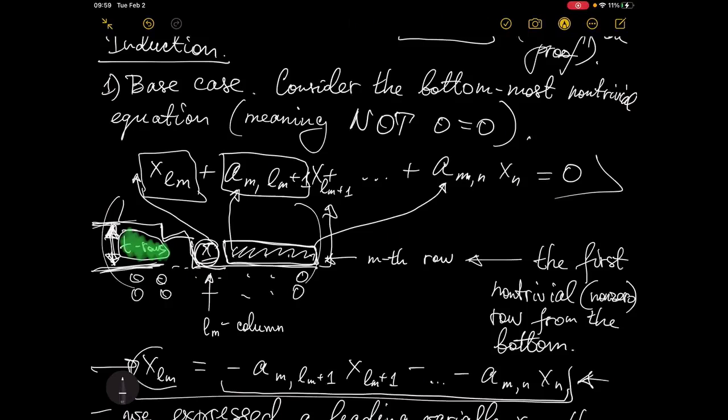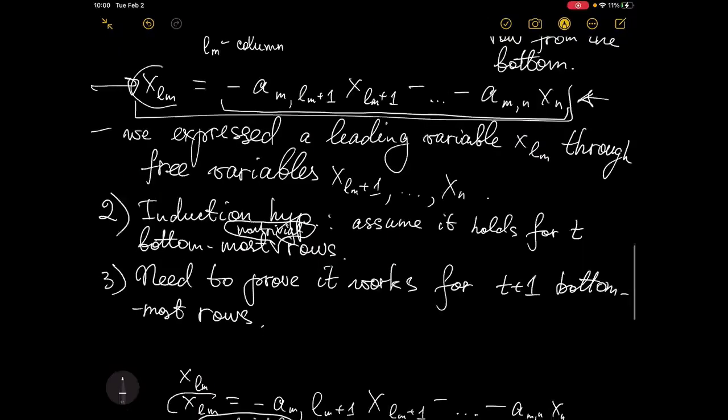Okay, but the thing is that these are the previous variables which I already considered. For them, I have the induction hypothesis saying that I was able to express them, pay attention, through the free variables.